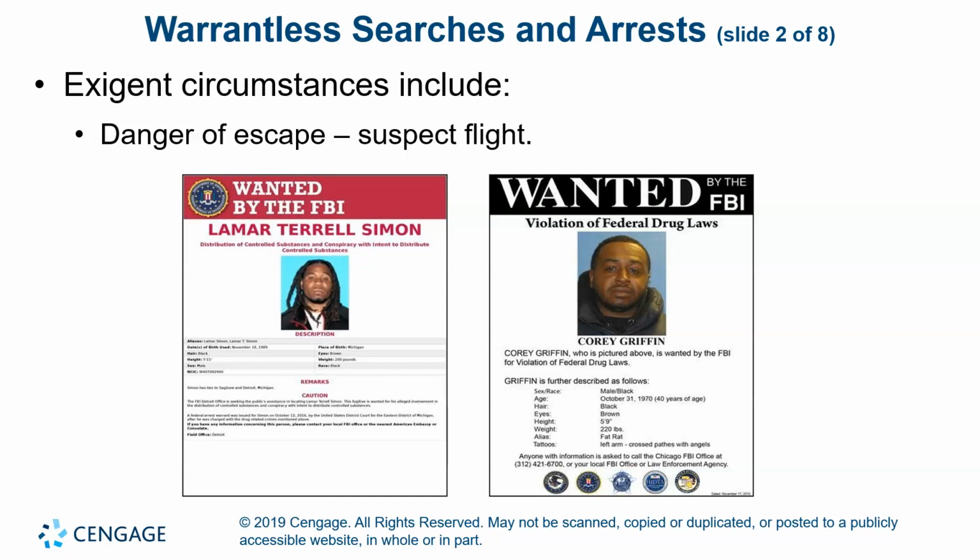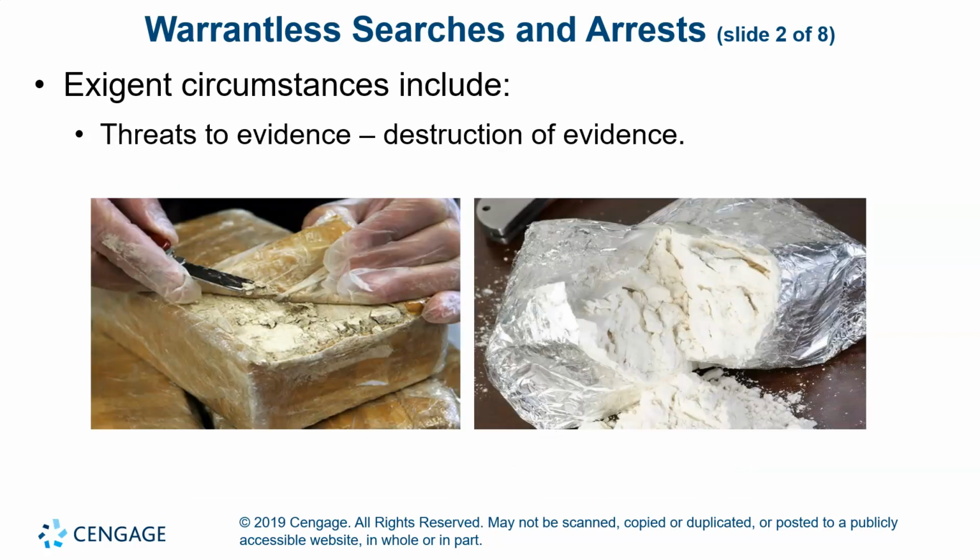So, for example, if police learn through an informant that a dangerous robbery suspect just entered an apartment complex, they may be able to enter the premise to find the suspect if they can't obtain a warrant in time. So again, the courts are going to look at all the factors involved in that.